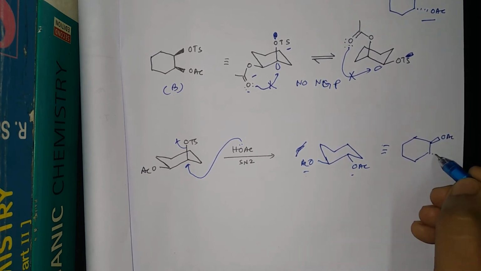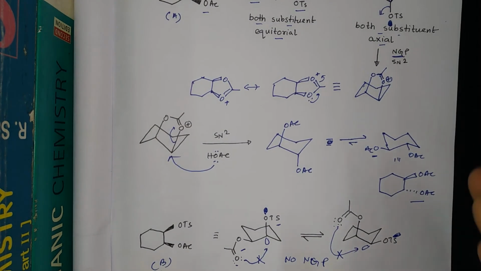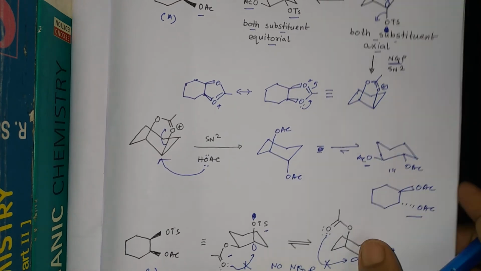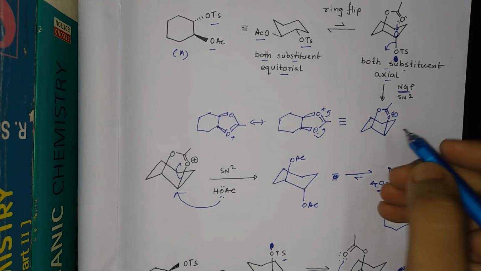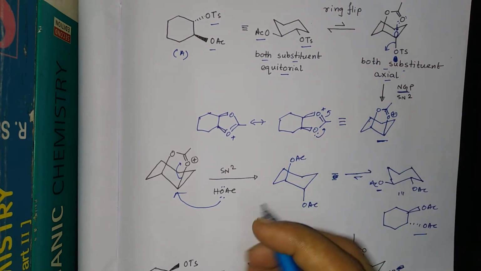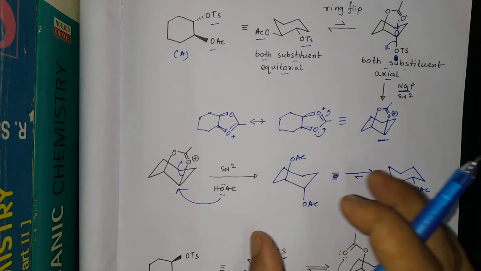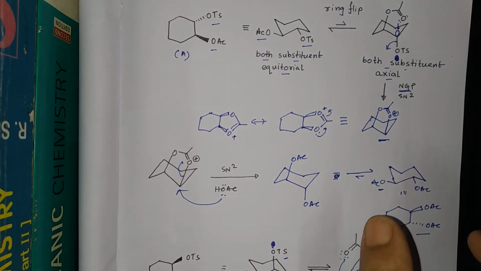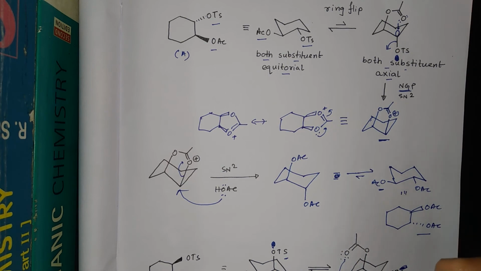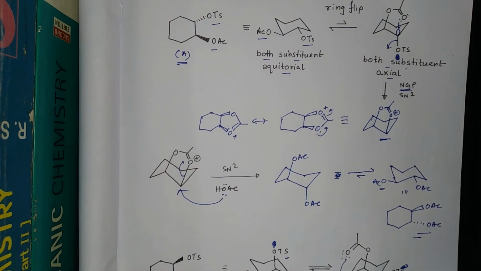Now we have to understand that where NGP happens, that will be the faster reaction, because NGP helps form an intermediate which is unstable, and the next step is quite easy. So NGP takes very little time, and wherever NGP happens the reaction time is reduced. Hence A will react faster and form the trans product.